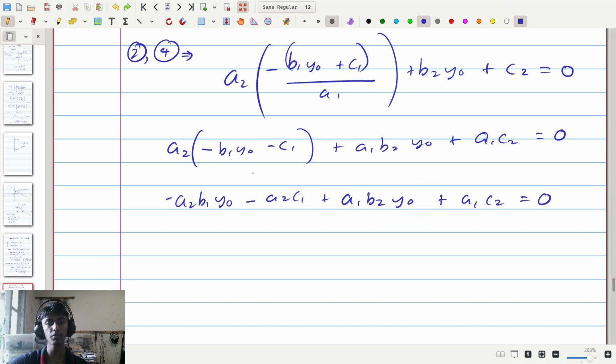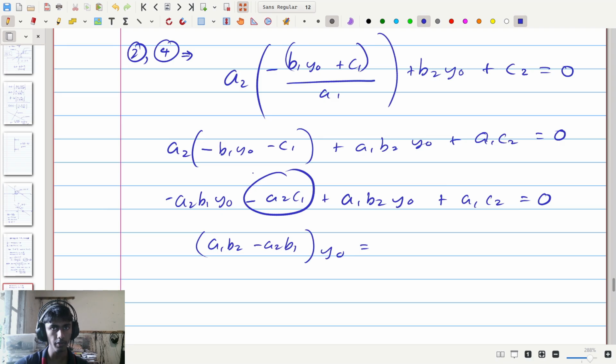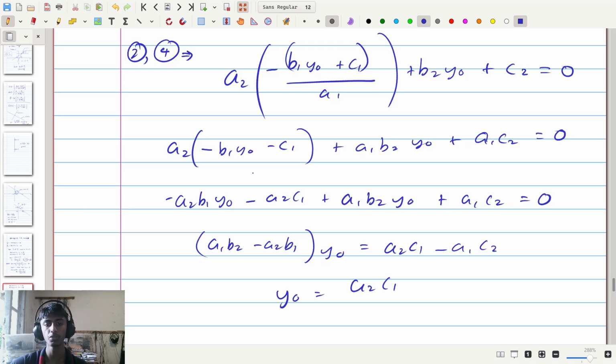Isolating these terms and taking the y0 out, we can see that a1 b2 minus a2 b1 multiplied by y0 is equal to, taking this stuff to the right side, negative a2 c1, which becomes positive a2 c1 on the other side. This a1 c2 becomes negative a1 c2 on this side, and we can finally see that y0 must be equal to a2 c1 minus a1 c2 all divided by a1 b2 minus a2 b1.